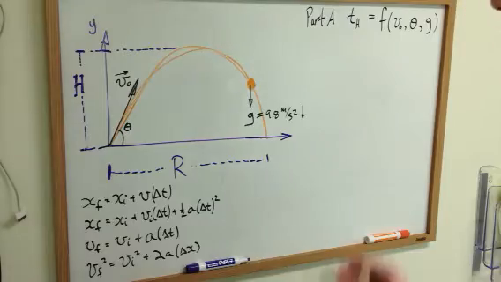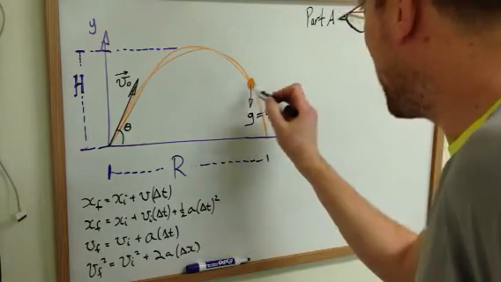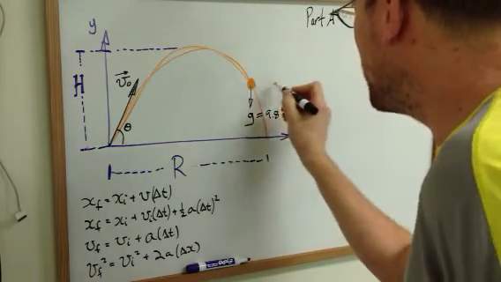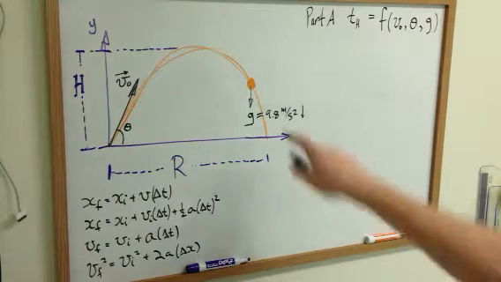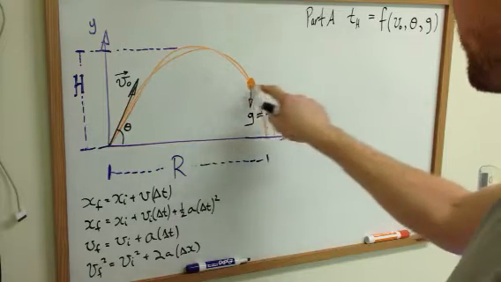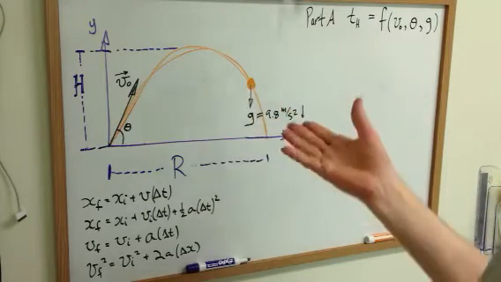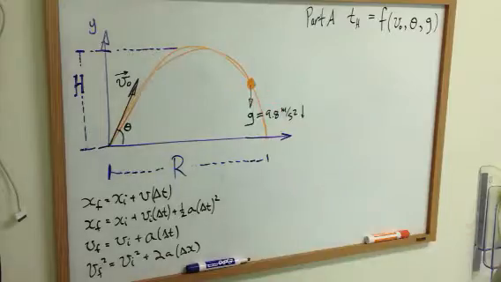And horizontally, on the object, there's no acceleration at all. From our recent discussion of forces, we know there's no acceleration horizontally because there are no forces on the object when you're in projectile motion. You're free in the air, and forces are pushes and pulls, so there's no contact.